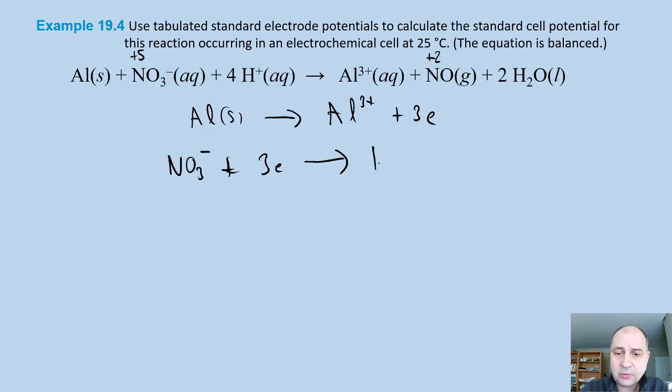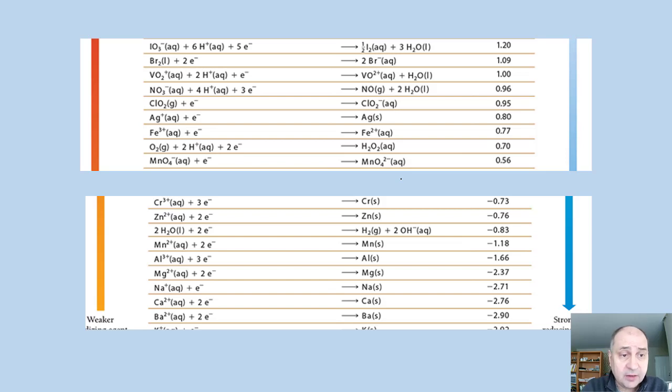Nitrate goes to NO. If we go to that chart now, and I have zoomed in, hopefully we can look at that. If you find the nitrate here, reduction, nitrate is already written in that way. It has an electron potential of 0.96 volt. If you come down to the aluminum, it's here. It has an electron potential of -1.66.